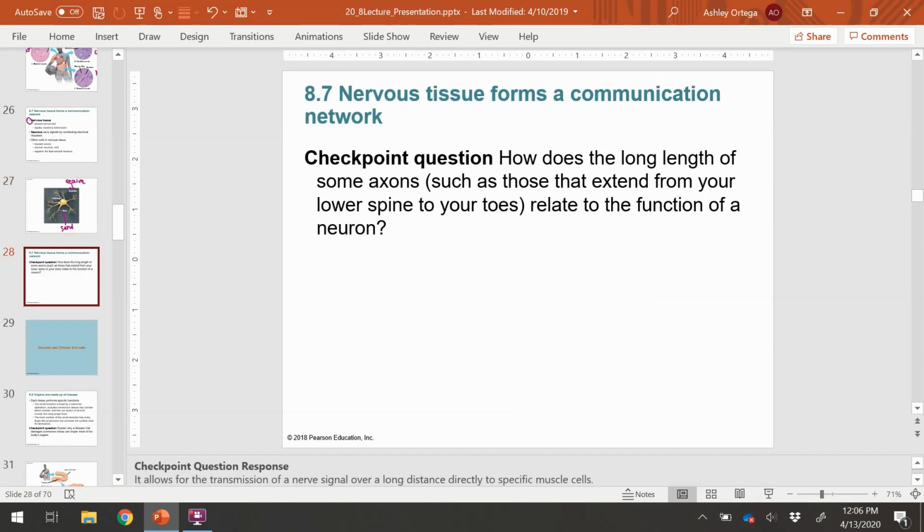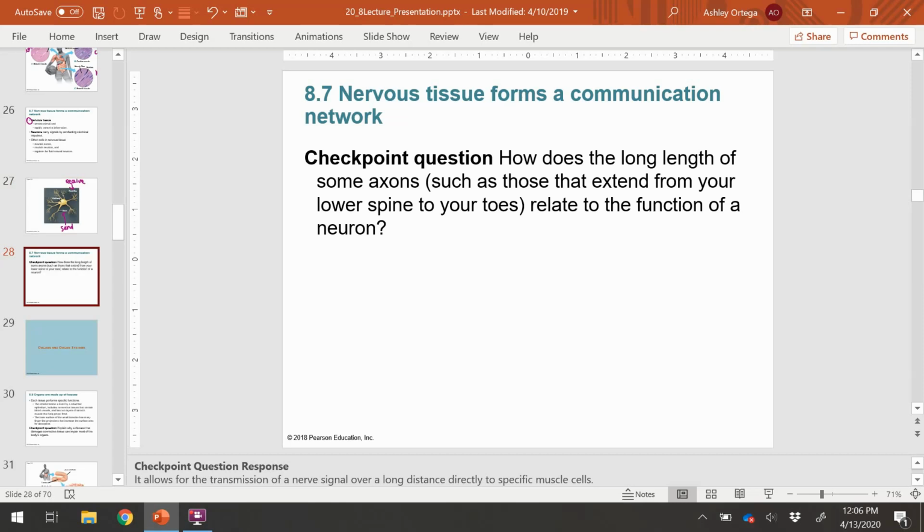And so some of these axons are very long, some of them are shorter. It kind of depends on which ones you're looking at and what part of the body. And so the long length of some axons, like those that extend from your lower spine to your toes, has a relation to their function, in that it allows for transmission over a very long distance directly to specific cells.